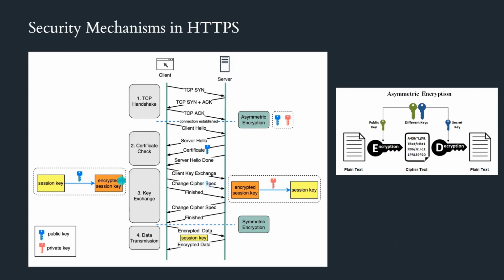Basically, HTTPS uses a control message stage first, and then a data transmission stage. In the control message phase, the client and server will establish communication between them. Steps 1, 2 and 3 are for the control messaging stage.